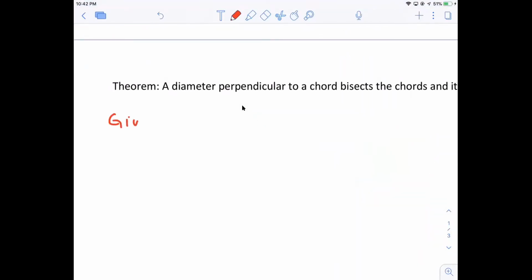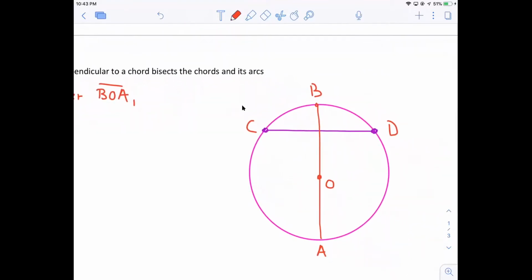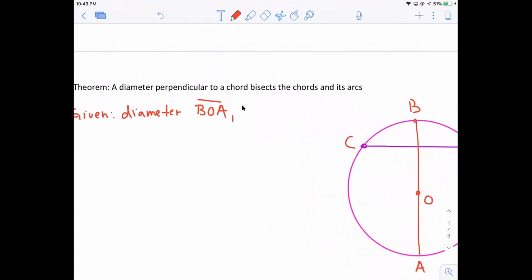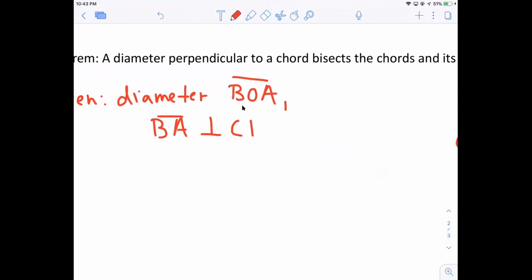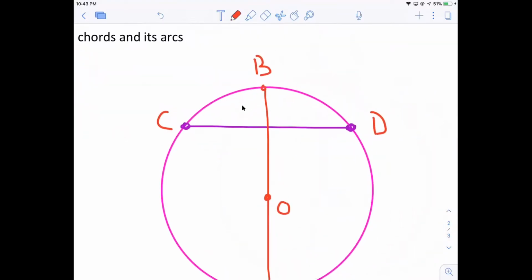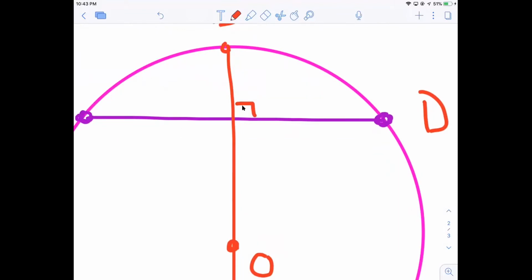So given diameter BOA, and I'm given that it's perpendicular to this chord, CD. So given that diameter BA is perpendicular to CD. All right, so I can mark this up with a right angle right there.